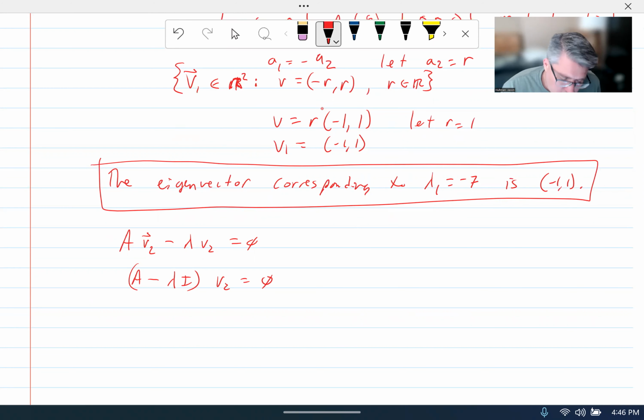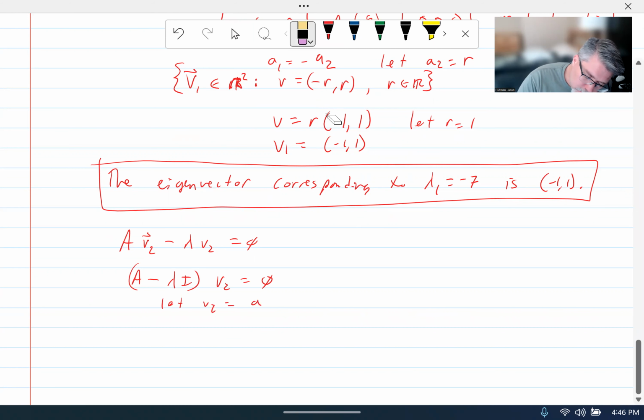Well, let's let v2, instead of a's, let's use b's in this case. B1, B2. Okay, let V2 be B1, B2.